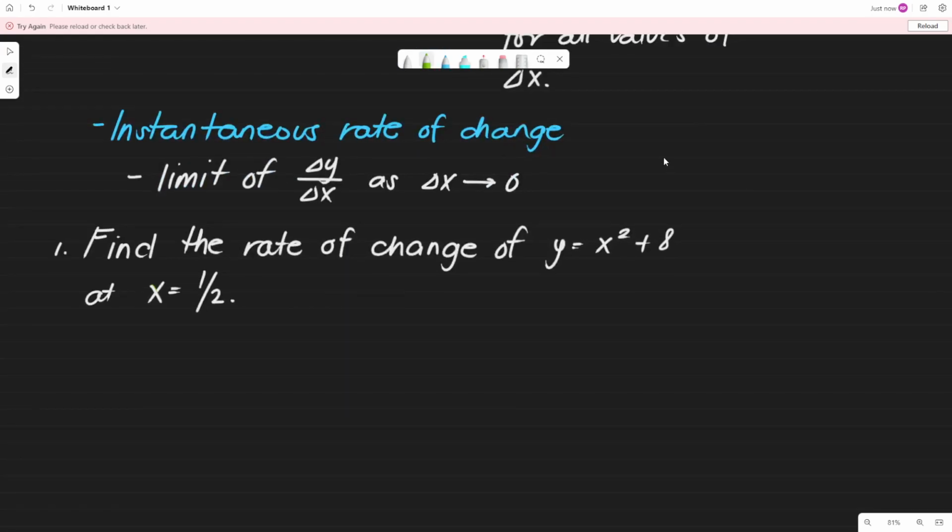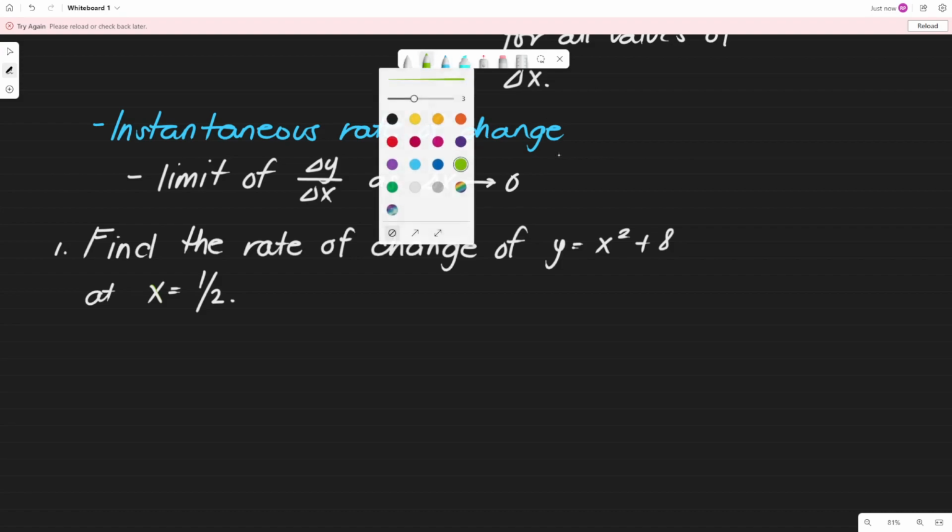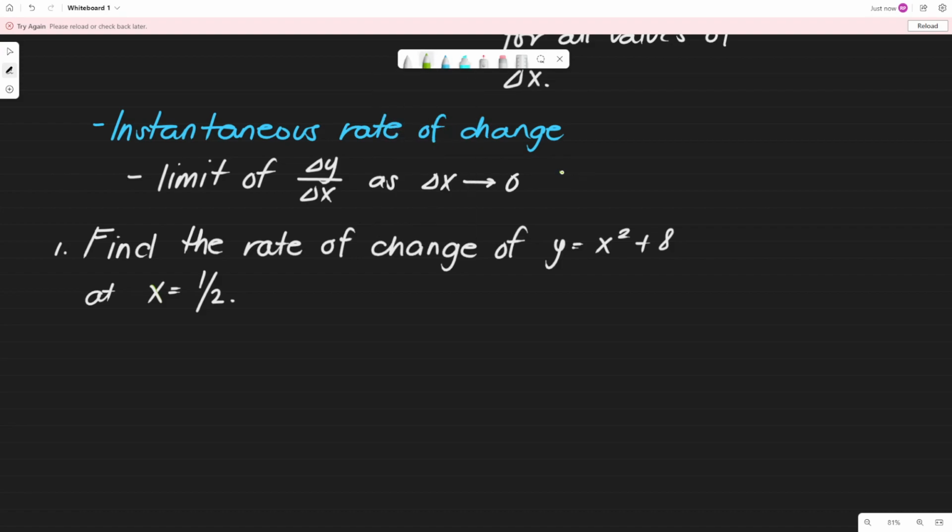And if we are asked to find the instantaneous rate of change, we're going to get the limit of delta y over delta x as delta x approaches 0, which is actually what? No, this is the definition of the derivative. Okay, so that's the definition of the derivative.